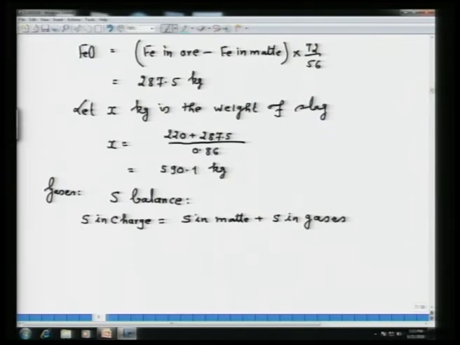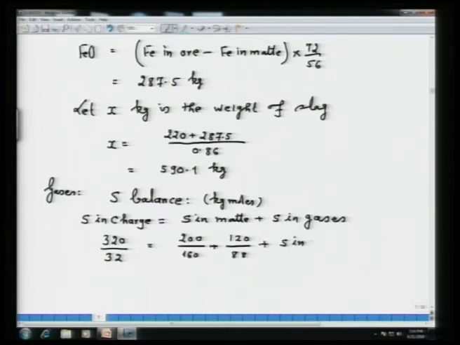So, I am doing the sulfur balance in kg moles. However, you can do it in kg also, as long as you are consistent with the units, there is no problem at all. So, sulfur in charge is 320 upon 32, sulfur in matte is 200 upon 160 plus 120 upon 88 plus sulfur in gases.